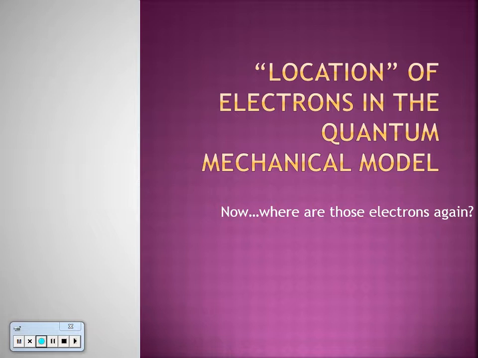Jordan had a question about the last question on the left. It was asking about the difference between Bohr's orbits and Schrodinger's orbitals. What is the difference between an orbit in the Bohr model versus an orbital in Schrodinger's model?